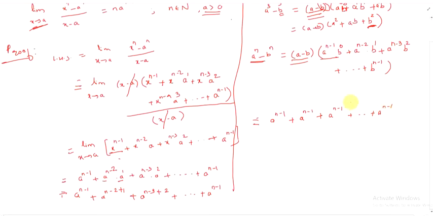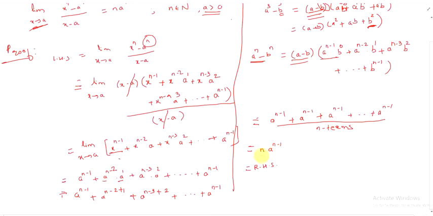And you can see these are in total n terms. Here our power is what? n. Therefore the total number of terms is n. So collectively these terms are how many? n terms. So it is equal to n into a raised to n minus 1, and it is nothing but our RHS, isn't it?